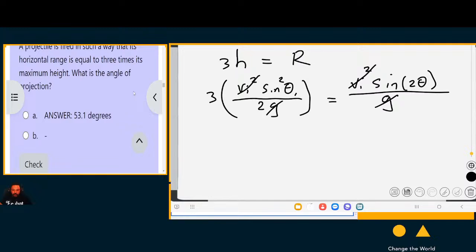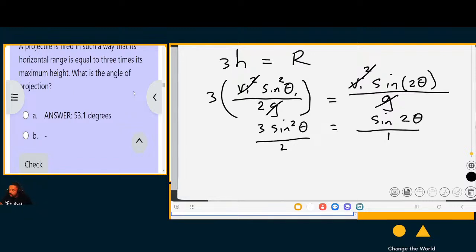We will be left with, on this side, 3 times the sine of theta squared over 2, and on this side we're left with sine 2 theta. You don't have to write it over anything because that's cancelled.